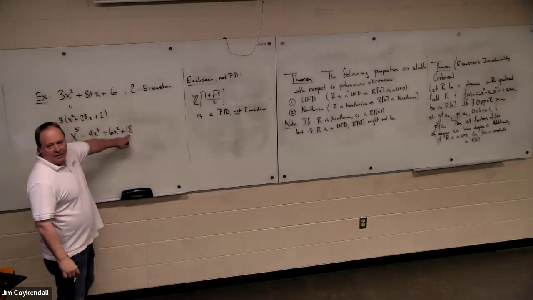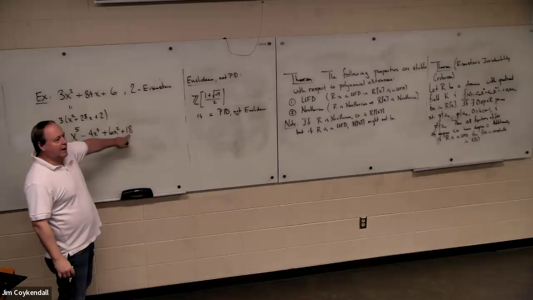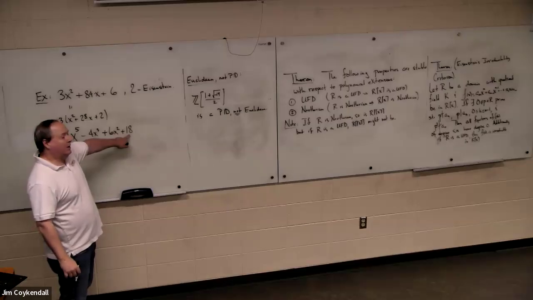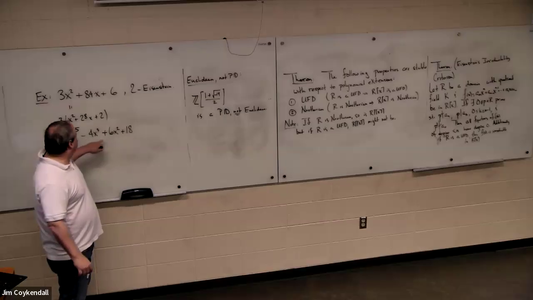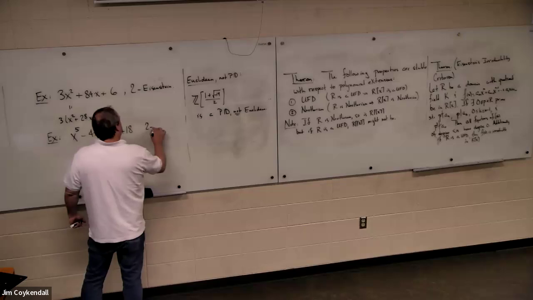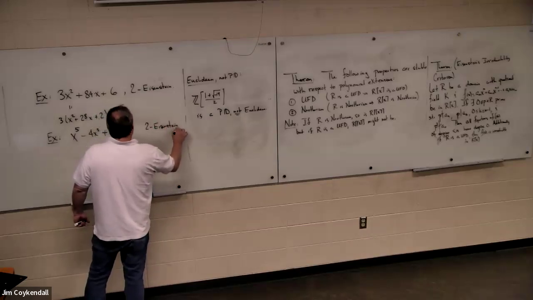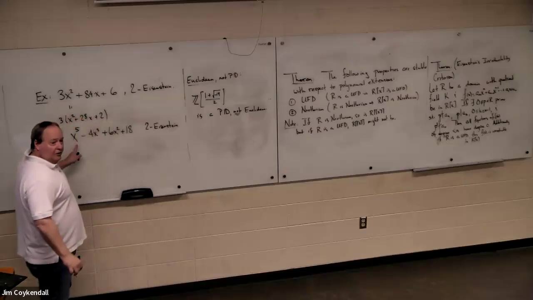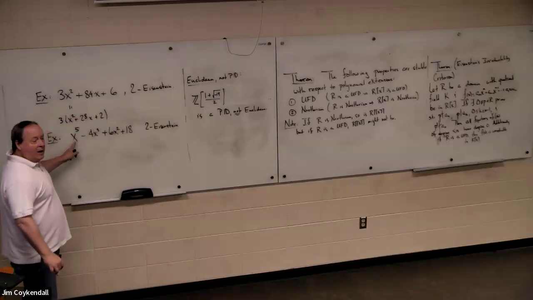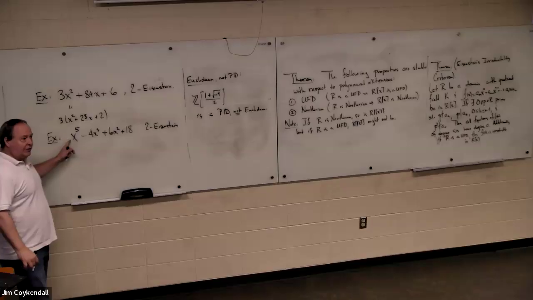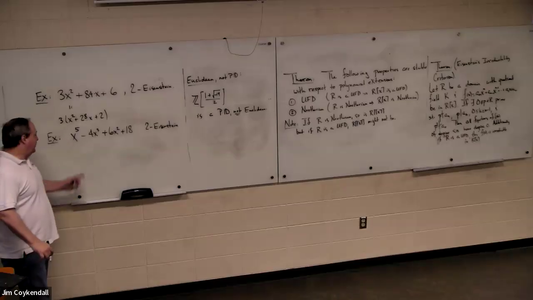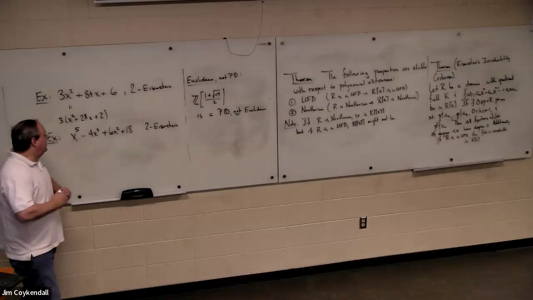Notice this is 2 times 3 squared, so this can only be 2 Eisenstein. And this one is also 2 Eisenstein. And this is irreducible over Z[x] as well, because you can't pull any constants out of this because the first term is 1, right? And the greatest common divisor of the coefficients is 1.